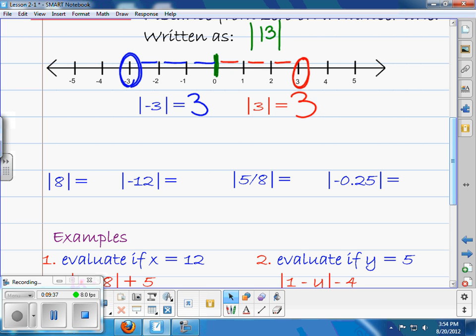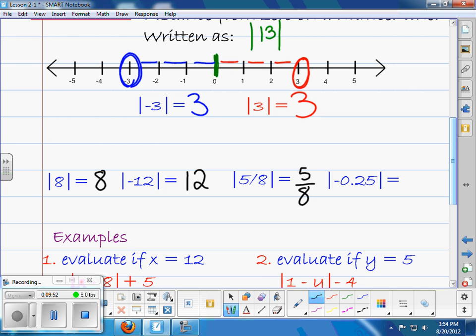For instance, the distance between New Madrid and Sikeston will be a positive number. So here we have the absolute value of 8, which is 8. The absolute value of -12, which is 12. The absolute value of 5/8, which is 5/8. And the absolute value of -0.25, which is 0.25.